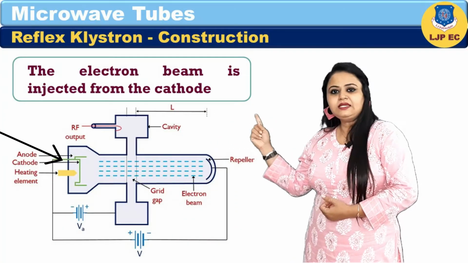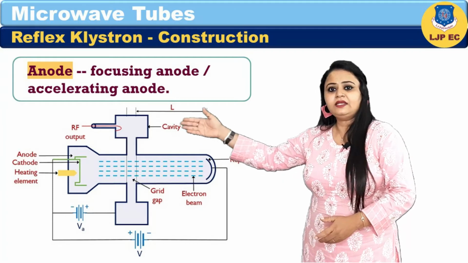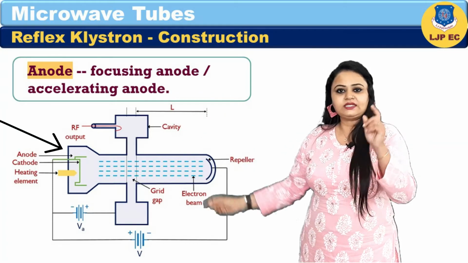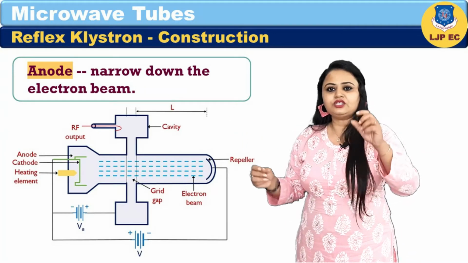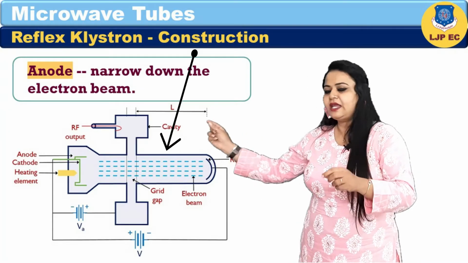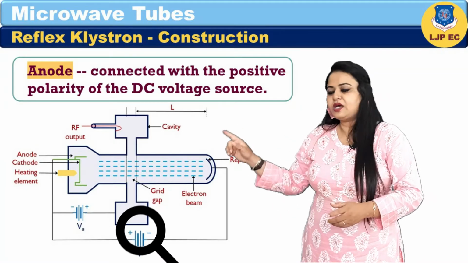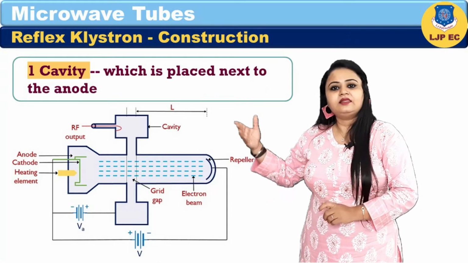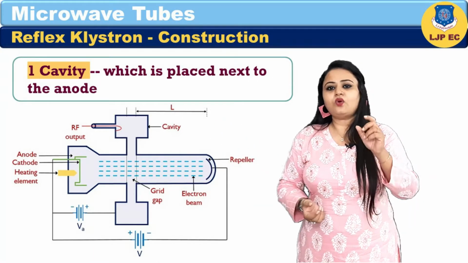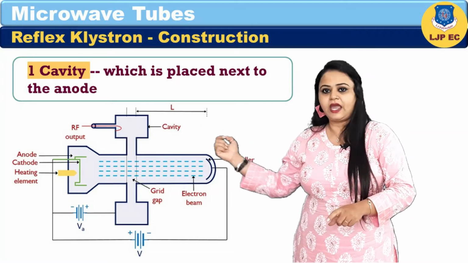Now let us move on to the construction of reflex klystron. The beam is injected from the cathode. Then there is the anode, which is known as focusing anode or accelerating anode. This anode is used to narrow down the electron beam. The anode is connected with the positive polarity of the DC voltage source. The reflex klystron has only one cavity which is placed next to the anode.